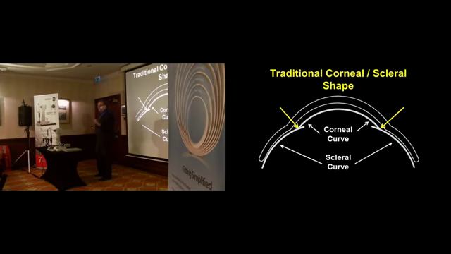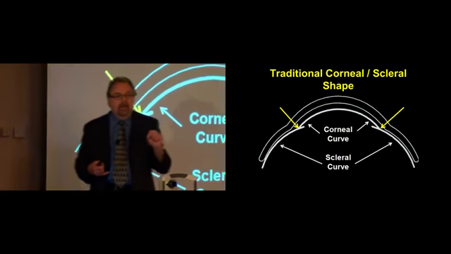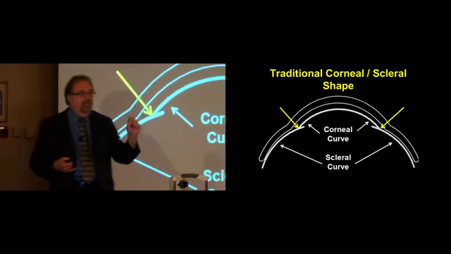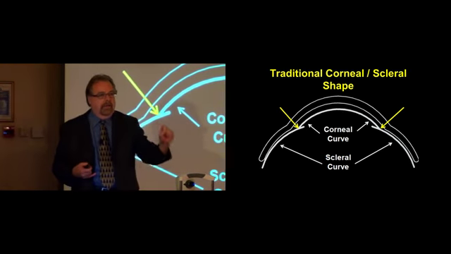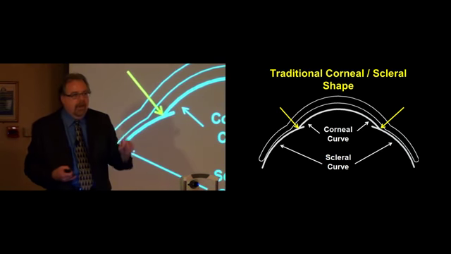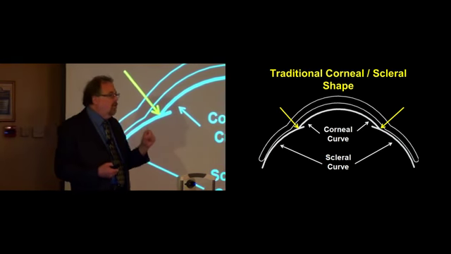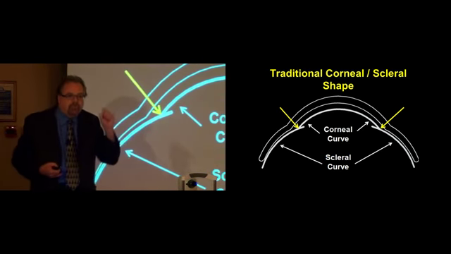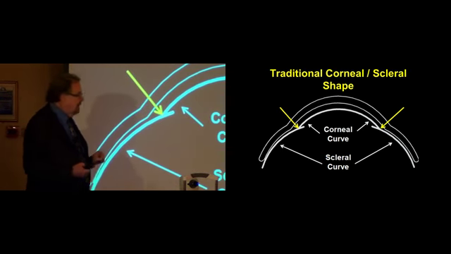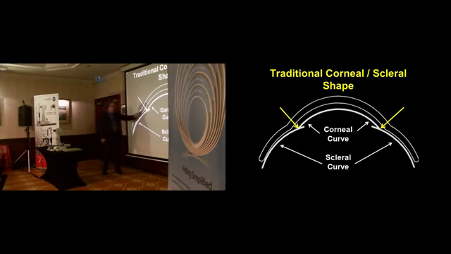But it's important we remember one little fundamental thing, and that is the cornea has a curve to it, but that curve only takes place in the center 10 millimeters. Beyond that, the cornea moves into a straight line or tangent. Secondly, we were taught that the sclera had a curve to it, a fundamental error.